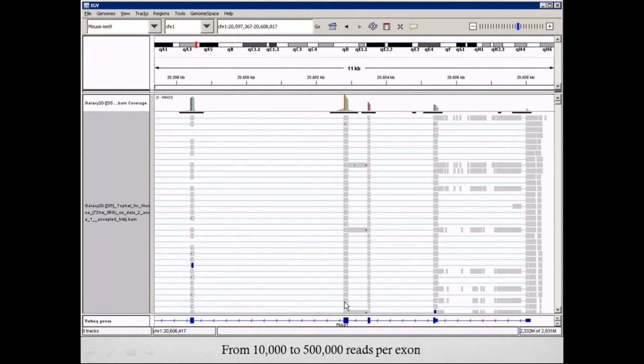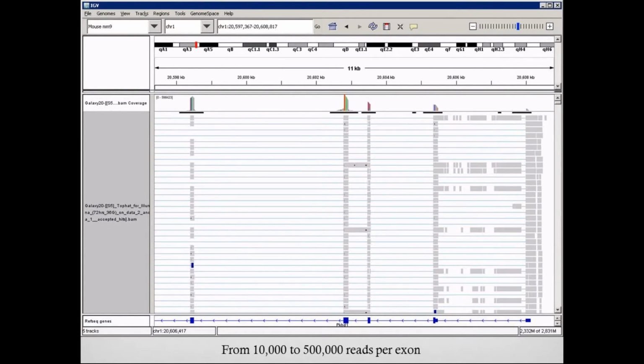You sequence the RNA that's present in the cell, and the amount of sequence that you get back from one particular gene is an indication of how much expression you're getting from that gene. A gene that's only transcribed at a low rate will have a low amount of sequence associated with it. A gene that's transcribed at a high rate, you'll see many more sequences come out when you do the next generation sequencing.